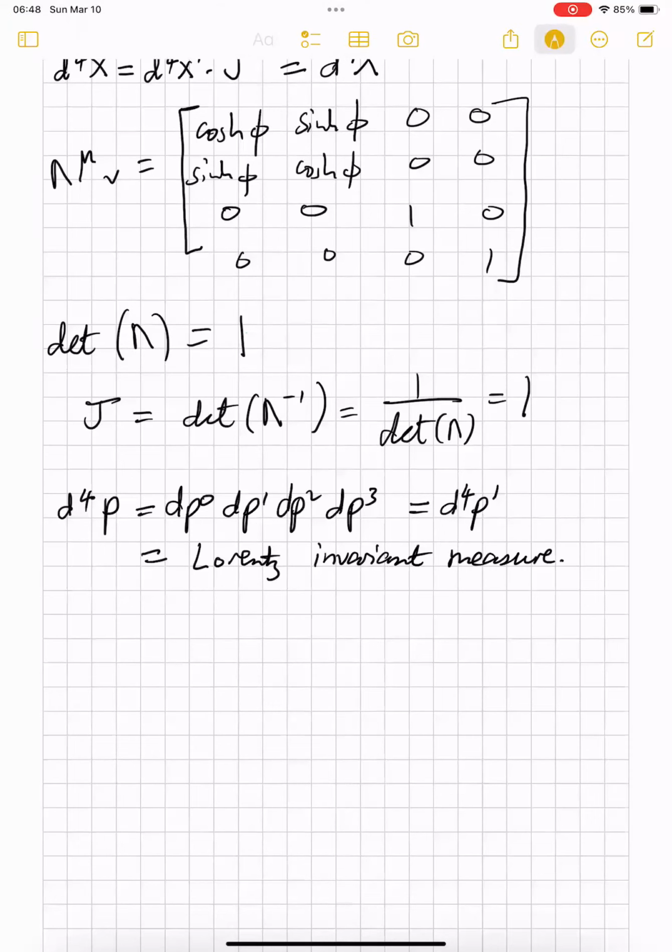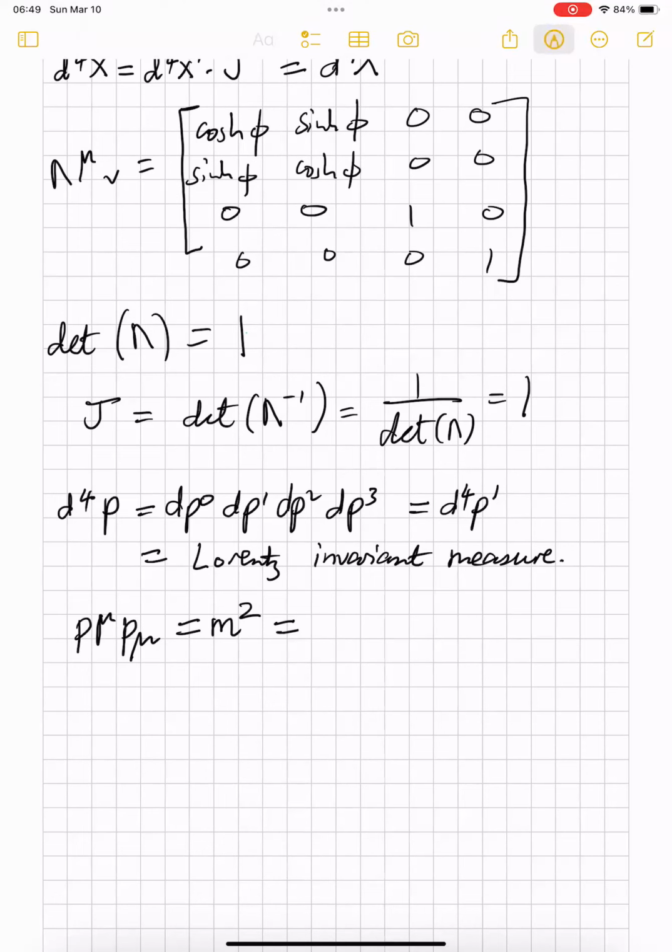Okay, but in fact, this is not what we want. We don't want to do integrals over d⁴p, and let me explain why. You know that if we take p_μ p^μ, that will be Lorentz invariant. It's a contraction of two 4-vectors, so it's Lorentz invariant, and I've already told you what this is equal to. It's equal to m².